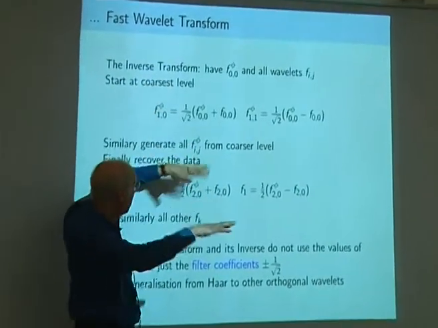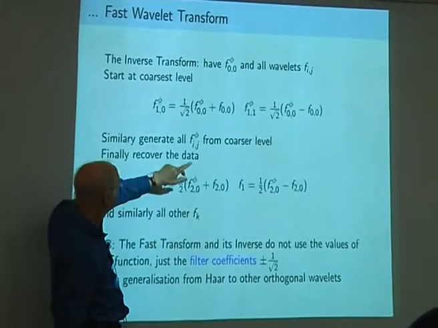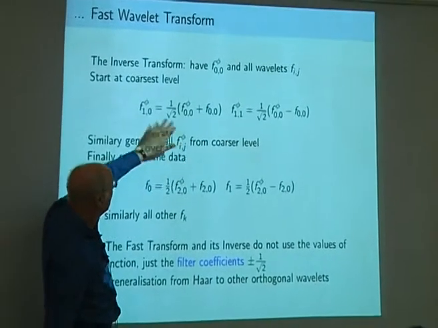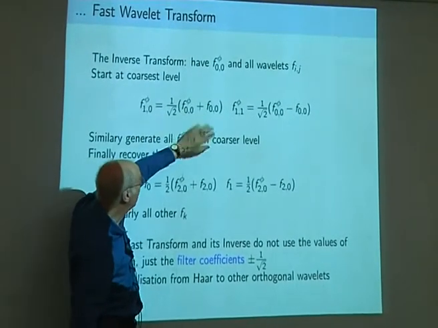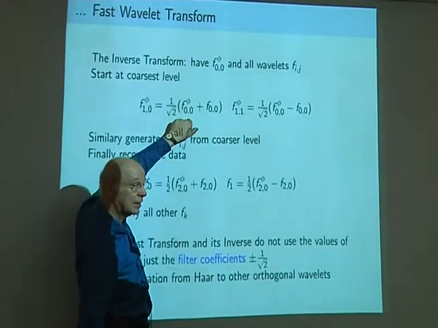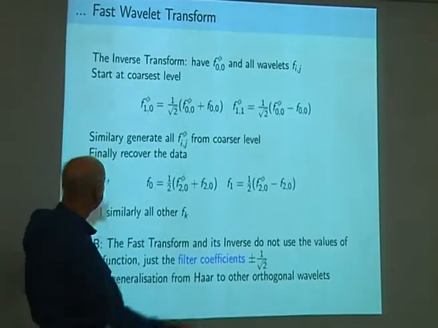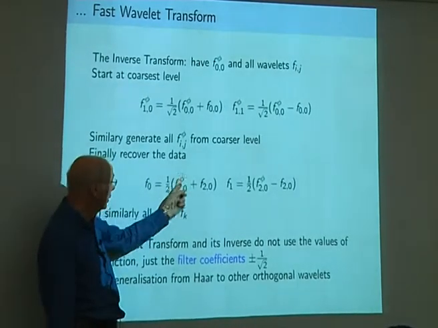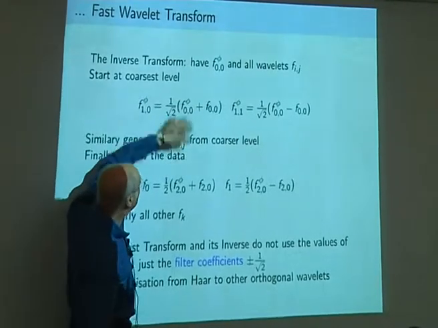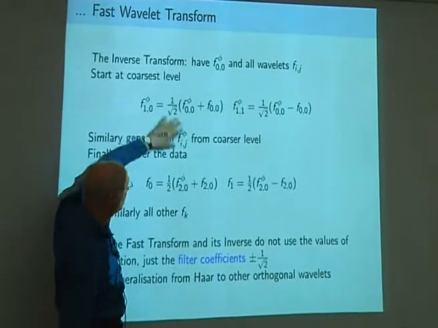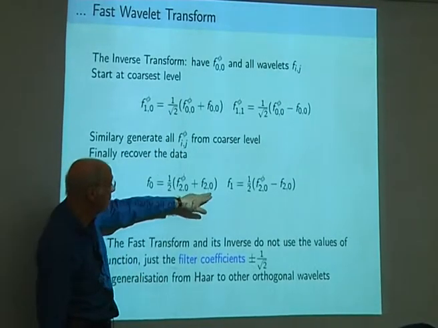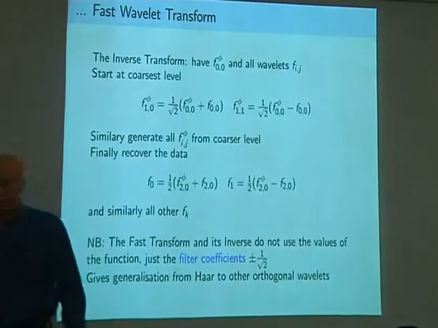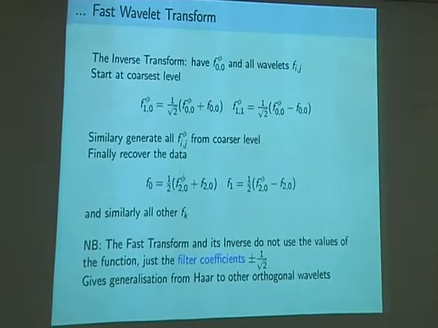And I go one level down, and at a finer level, I use the coarser information of the wavelet and the scaling function. And then I get down to the very finest level where I'm using the phi's, the scaling function components I've been calculating all the way down, and I add the wavelet or subtract the wavelet to get the data points at the lowest level. And that's an order n calculation.